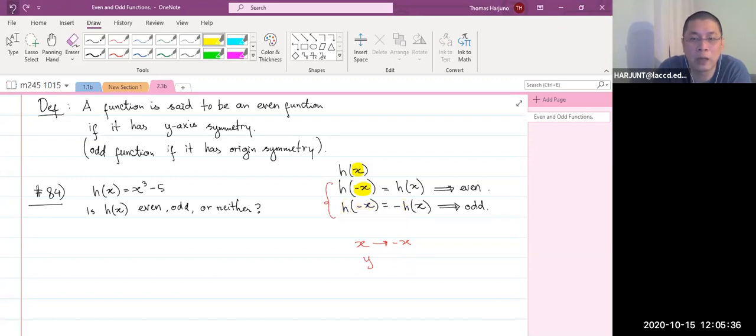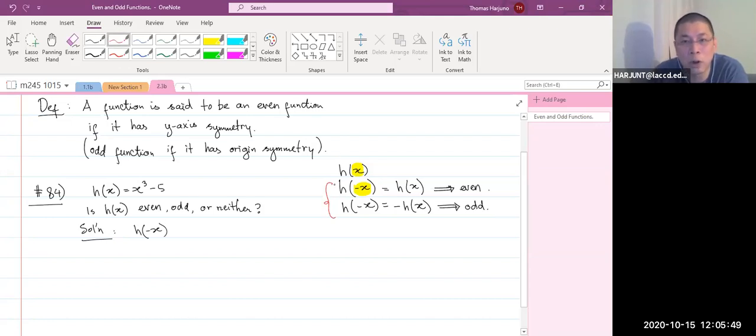Now, how do we apply that concept here? Solution. Take a look at h of negative x. In both cases, to show if they're even or odd, you do h of negative x and then simplify that, and see if you get the original function or the opposite function. You see that this equals negative x cubed minus 5, right?